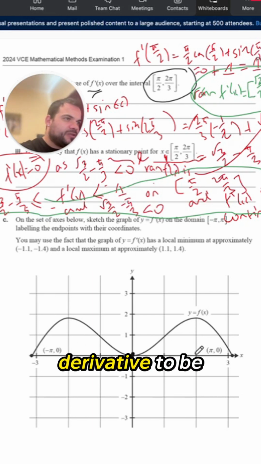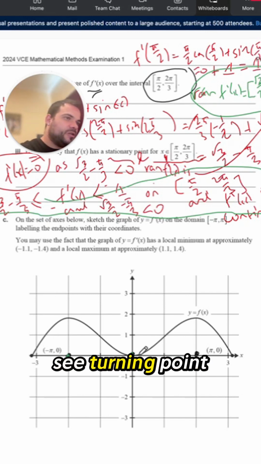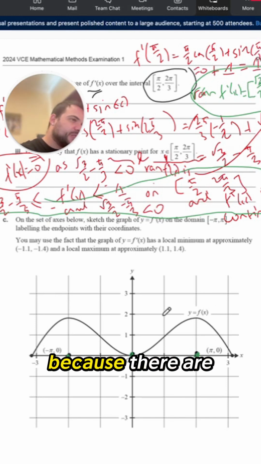So I'm just going to do this in green to make it easy to see. We can see the derivative is 0 at these 3 points because there are turning points in the graph of f there.